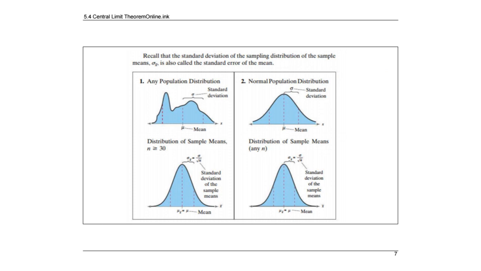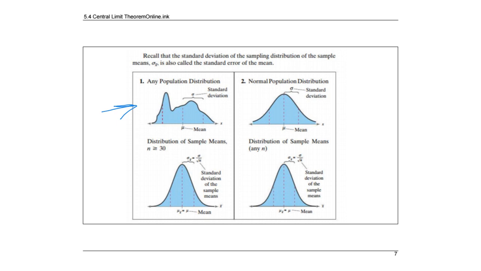Okay, so this is just another informational slide to get you used to what we're talking about with the central limit theorem, the population side, and normal curves. With this first curve, look how crazy it is, and that's because it's just any distribution.